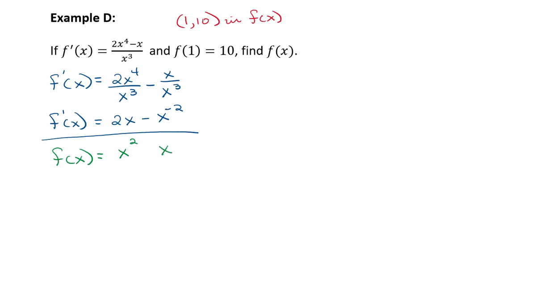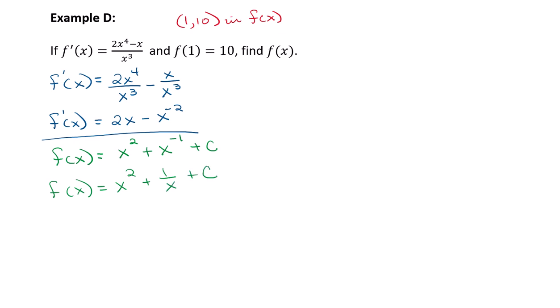For the second term, we're going to add 1 and divide by that negative 1, which would give us a positive 1 there, and then we're going to have a plus c. So this nice antiderivative function is x squared plus 1 over x plus c.